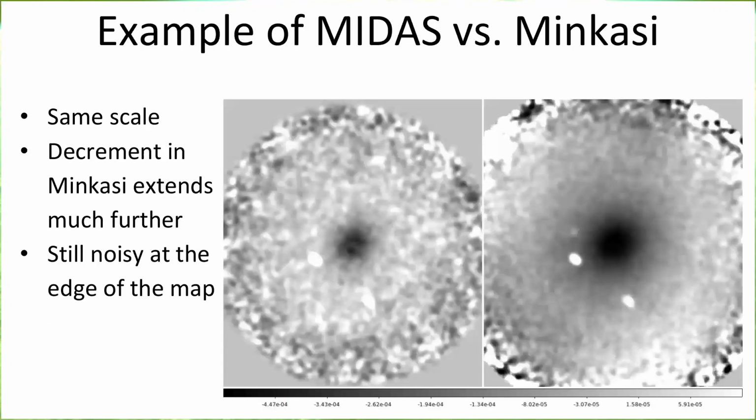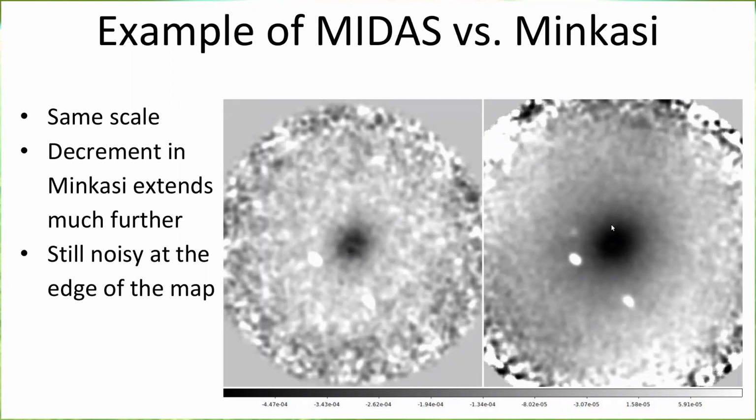Okay, so here's an example of the difference between the two methods. On the left is a traditional data processing method, MIDAS, and on the right is Minkasi. So you can see a galaxy cluster, which is shown as this decrement, the dark area. Its characteristic radius is about 5 arc minutes, which is about the size of this map, so pretty much to the very edge where it's very noisy.